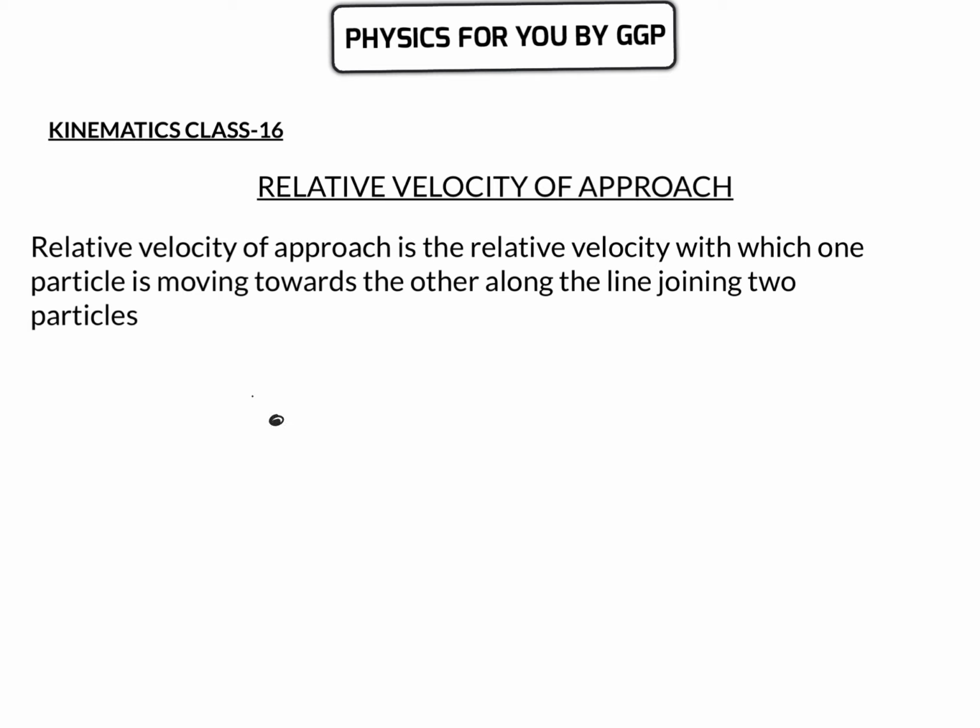If you are considering a particle 1 which is at rest, and consider that another particle 2 is moving towards 1 with a velocity, let's say 10 meter per second. So in this situation the relative velocity of approach is nothing but 10.